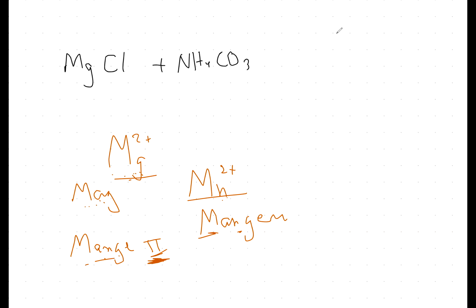For example, iron, we say iron 3 chloride, which means iron is 3 plus and the chloride. Do you remember this or not? At the end, it's iron 3, because iron is a transition metal.